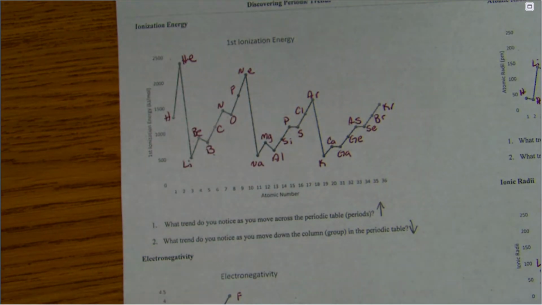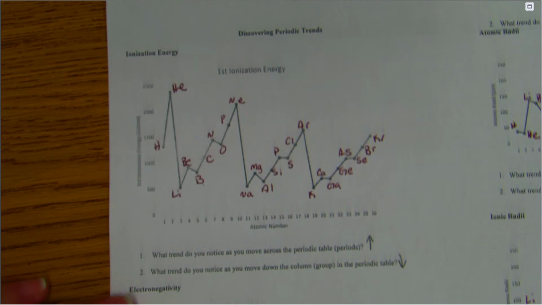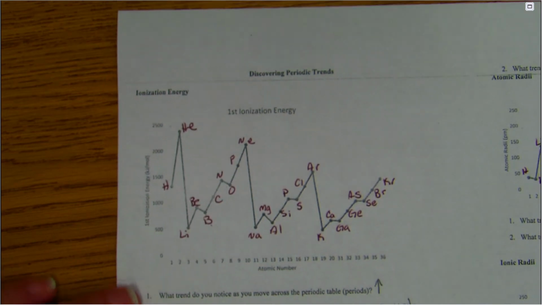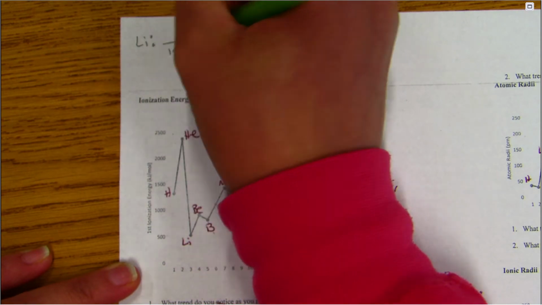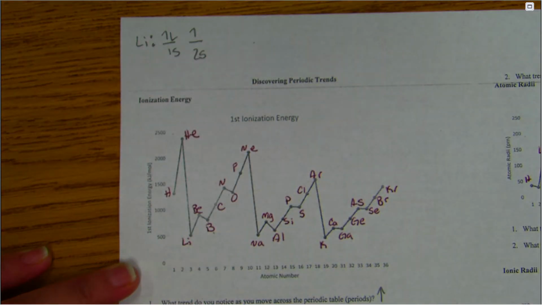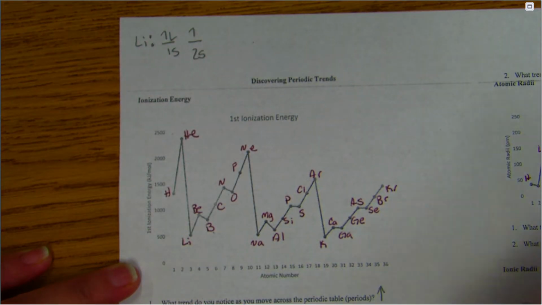These changes can best be described if we draw our orbital notation. So let's draw the orbital notation for lithium, and let's draw the orbital notation for beryllium.